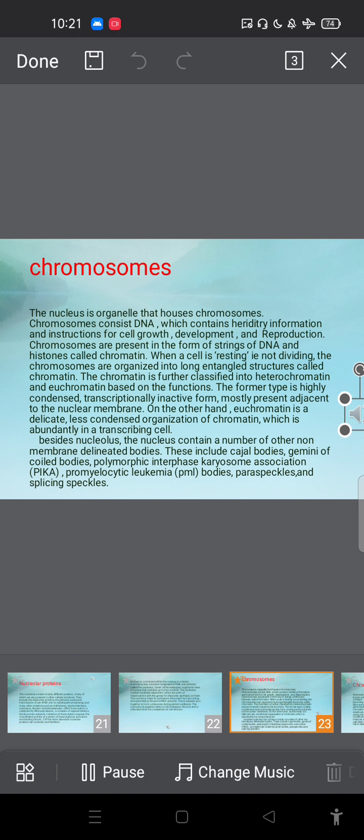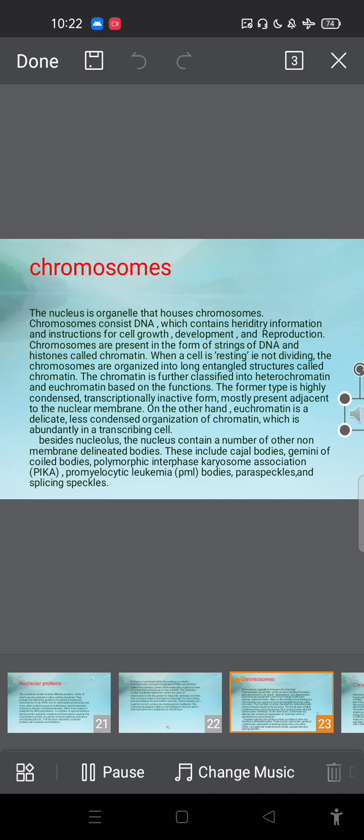The former type is a highly condensed, transcriptionally inactive form, mostly present adjacent to the nuclear membrane. On the other hand, euchromatin is a delicate, less condensed organization of chromatin, which is abundant in a transcribing cell.